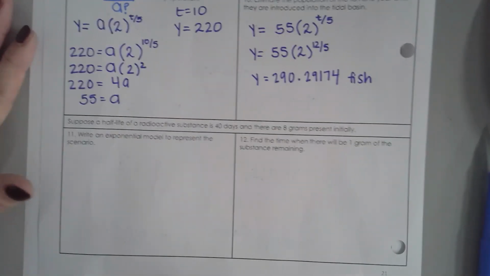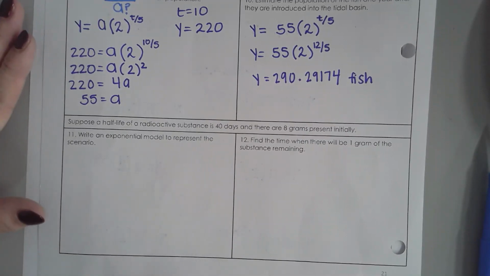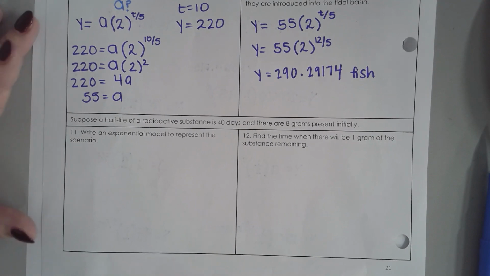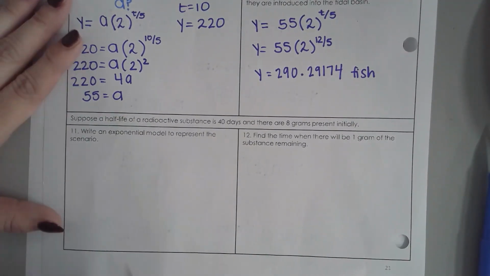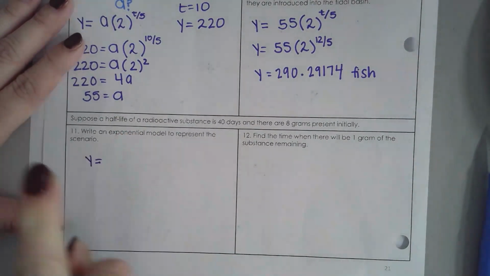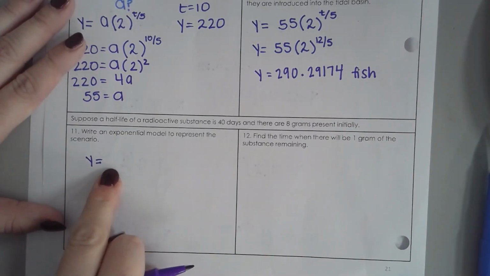Suppose the half-life of a radioactive substance is 40 days and there are 8 grams present initially. So that one's just giving us our initial value. We don't actually have to figure anything out. Write an exponential model to represent this. So it's y equals, you always start with your initial amount, which is 8.